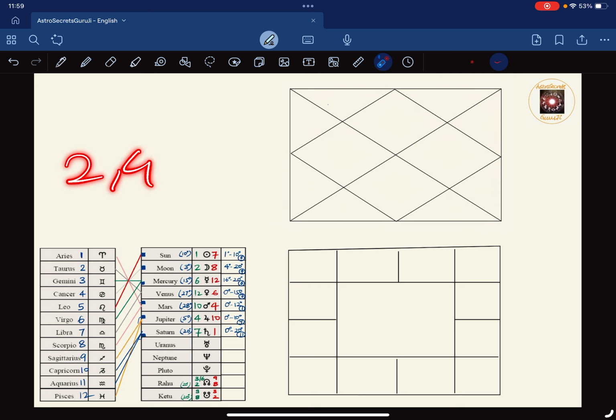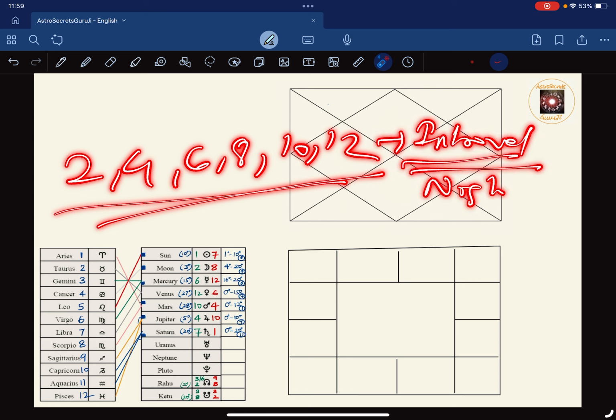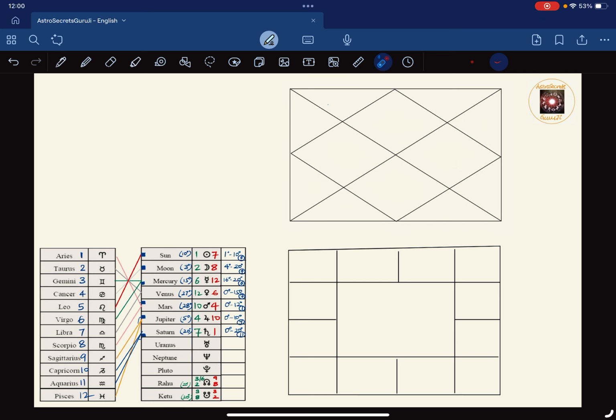And 2, 4, 6, 8, 10, and 12 are introvert in nature, have night polarity, or you could say passive. Okay, so the polarity is now clear, and when a planet is in a particular sign, we have to see the polarity of it and how the planet nature is as well. That is how we relate and interpret the results.